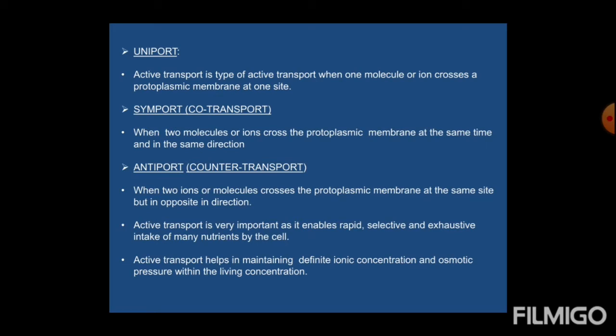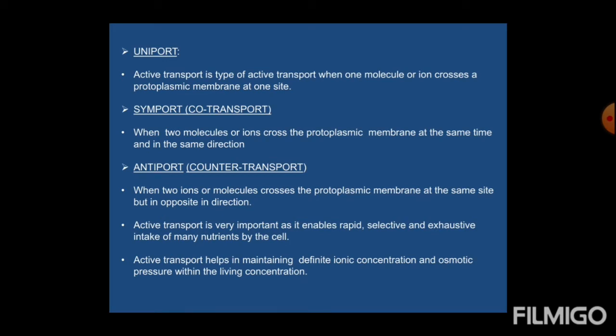So only one child is going. This is basically uniport. Uni means single and port is going out. So similarly, in uniport, one molecule or ion, it can be sodium, it can be chlorine, any ion or substance which is required for the cellular activities.